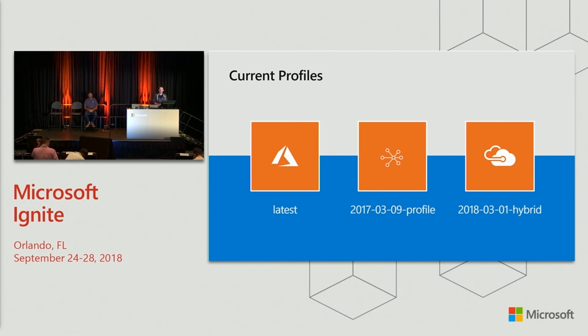And finally, there is another type of profile that we coin, which is what we call the dash profile. So there is dash hybrid, there is dash profile. And dash profile basically is a middle ground between the cutting edge capabilities and the capabilities that are supported across the Azure clouds.